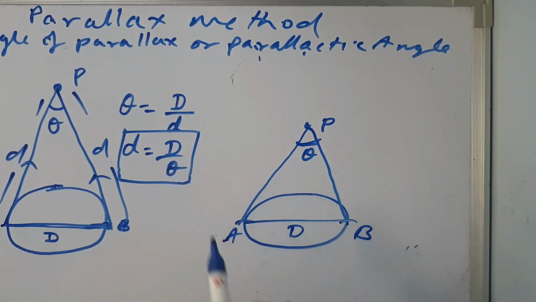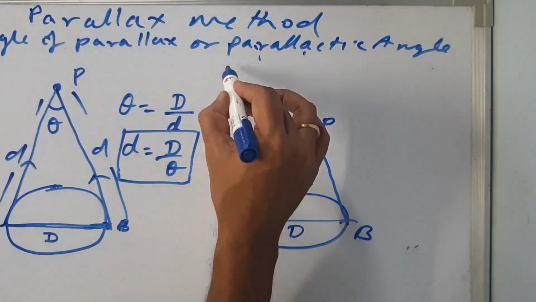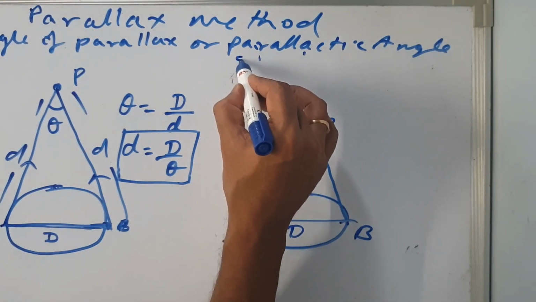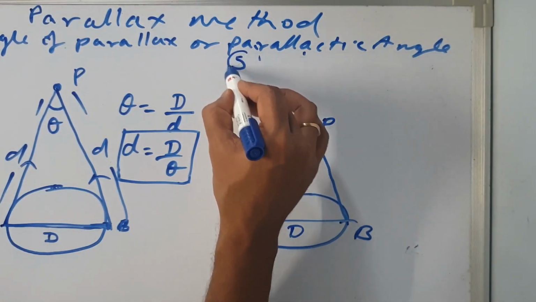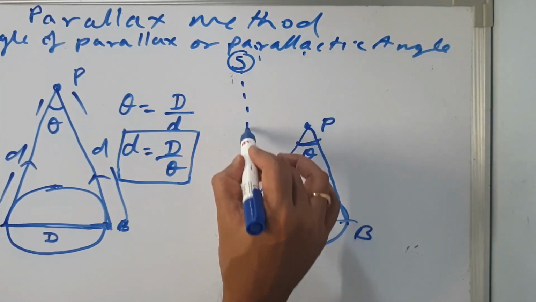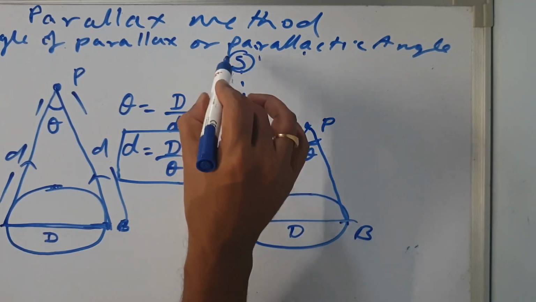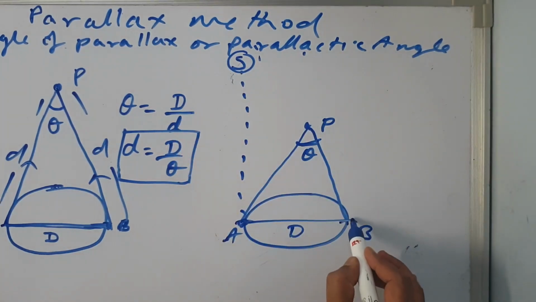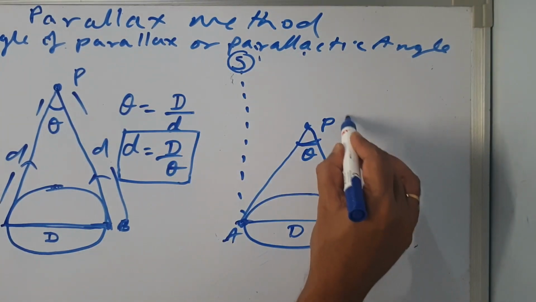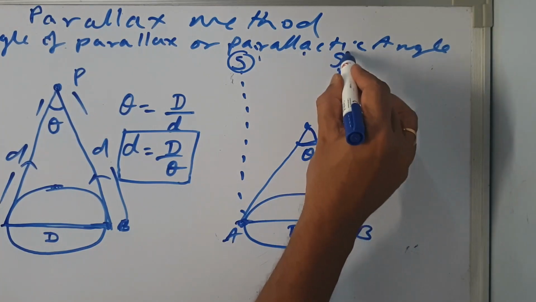Only what we want to measure is theta. So from point A on this Earth, you observe a star which is very far away, that means at infinite distance from you. From A, you have to look in this direction. To see the same star from B, there also you have to look in the same direction. Why? Because that star is at infinite distance.